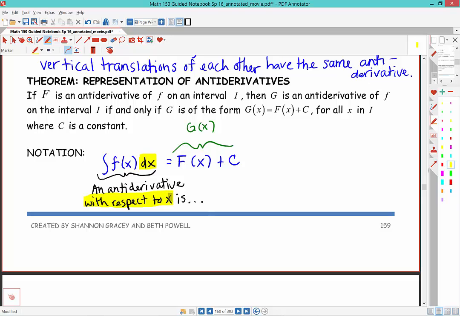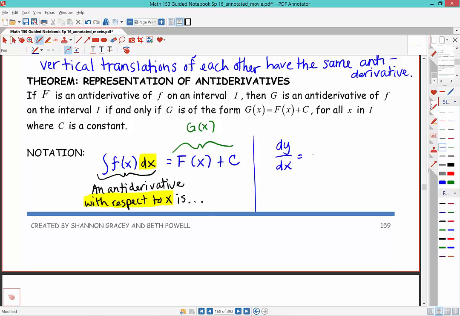And so that's an important one to remember. So now let's play around with how that would look. Suppose that we had something like dy dx equals x cubed. Well, notice that the dx is not part of the denominator.